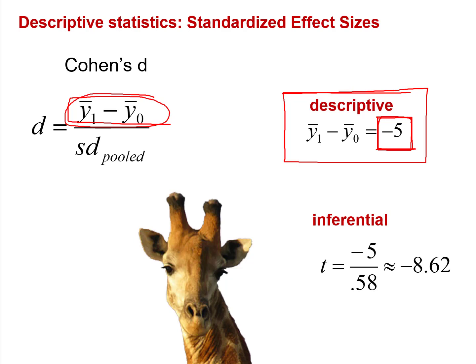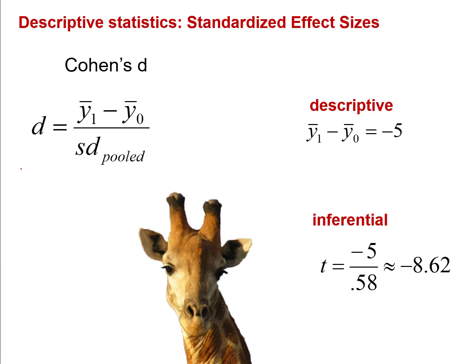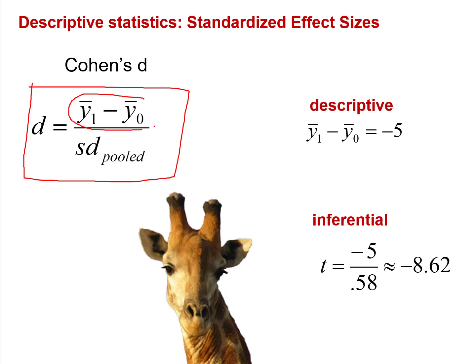We talked about how a D statistic of 0.2 would be called small, 0.5 would be medium, and 0.8 is large. On the left, I'm just reviewing the formula for a D statistic. This is the same formula I showed you before. We take the size of difference between the two groups, y bar 1 minus y bar 0, and then simply divide that by our pooled standard deviation.